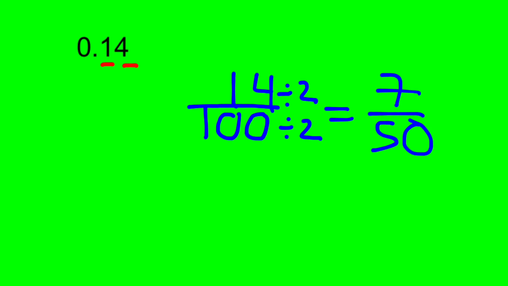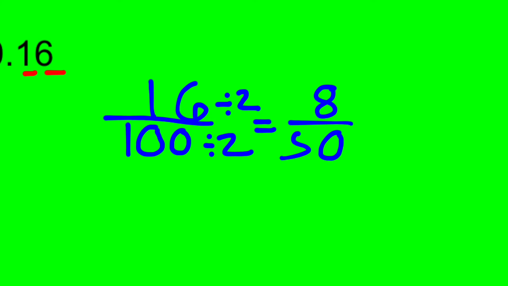Let's look at another one. So 0 and 16 hundredths, same idea here. 2 decimal spots in 16 hundredths. So my denominator of my fraction needs a 1 and 2 zeros. And then the 16 goes on top. If you can get that far, great. But then you want to try to find the largest number that will divide into 16 and 100.